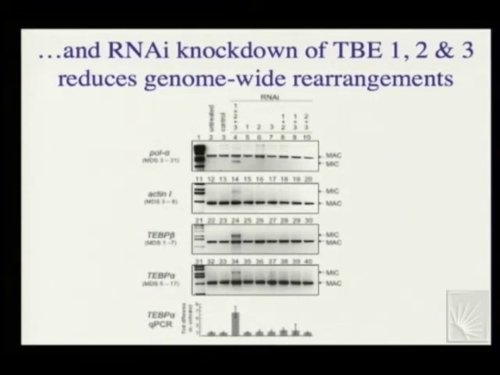And so what we did was we chose somewhat randomly 4 representative sequences from each of TBEs 1, 2, and 3. TBE, the name of the transposon family, stands for telomere bearing element because they contain the T4, G4 telomere sequences within them.